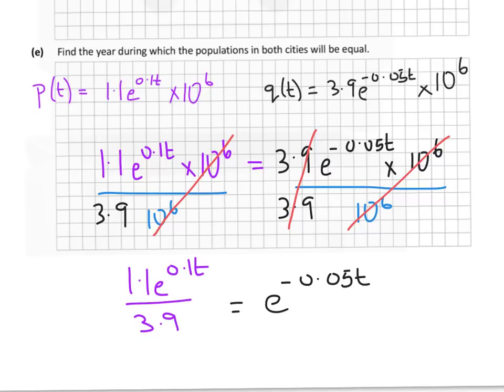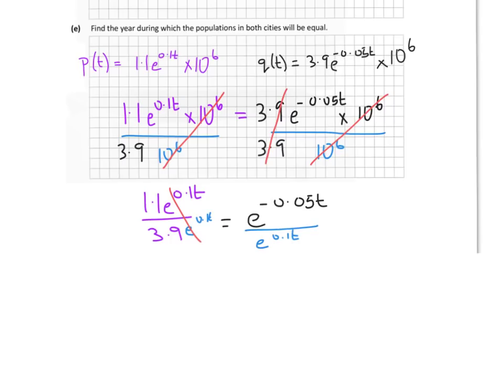I just really want to bring my e's together. So here I'm going to divide across by e to the power of 0.1 t, which means I'll also divide on this side of the equals by e to the power of 0.1 t. And so those two cancel, and I'm left very neatly.